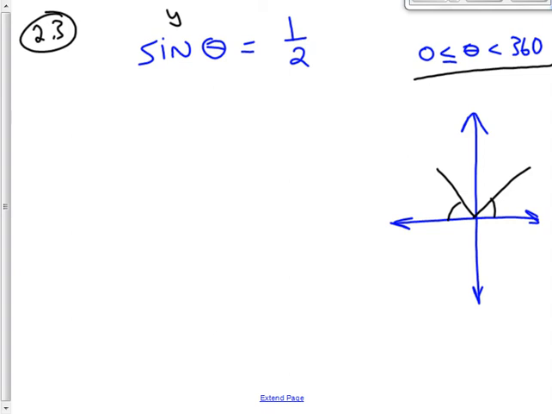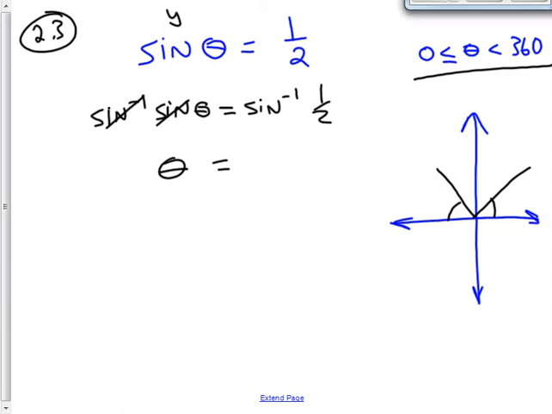Now, when I go through and solve this, I'm taking sine inverse of sine theta and sine inverse of 1/2. So the sines are going to cancel over here. What I want to know is what is theta. And so I plug sine inverse 1/2 into my calculator, or if you already know it from the unit circle, or if you remember it from any of the other times that we've talked about it, you end up with a 30-degree angle here.